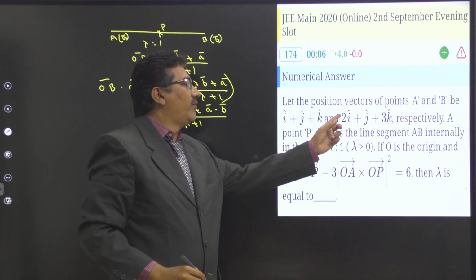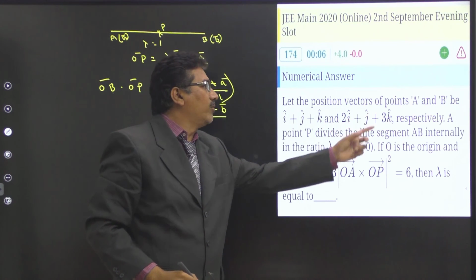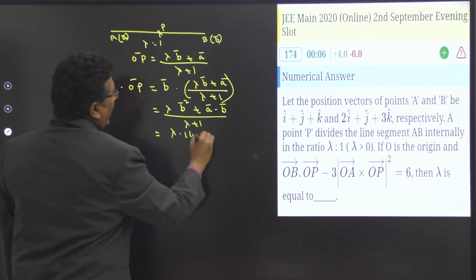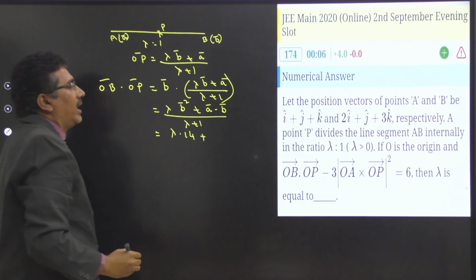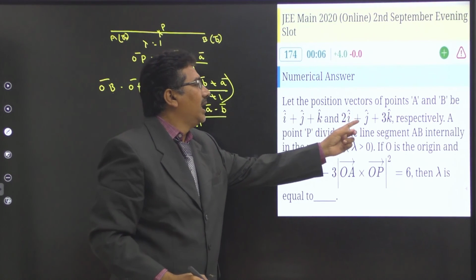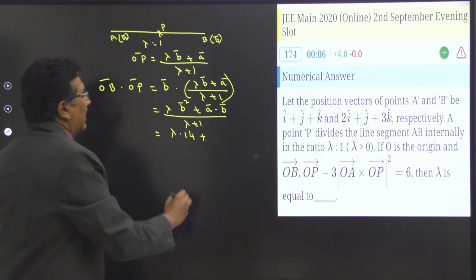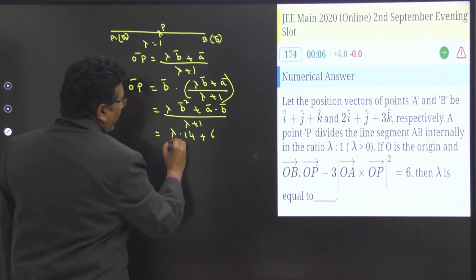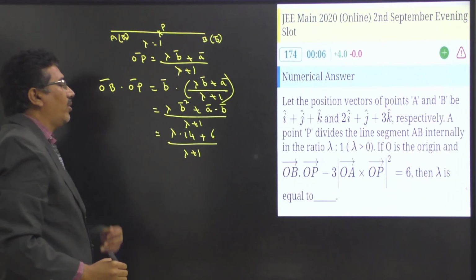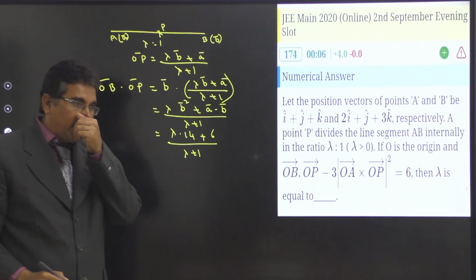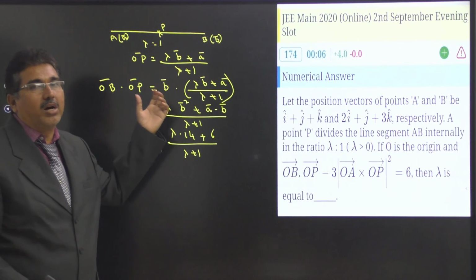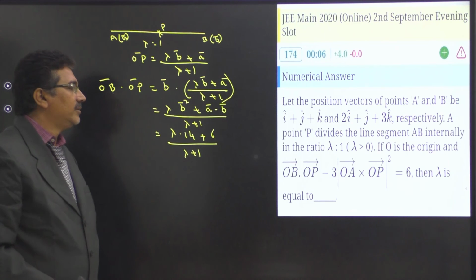That is 4 plus 1, 5, 5 plus 9, 14. Mod B bar square is 14. What is A bar dot B bar? 2 plus 1, 3, 3 plus 3, 6. So 14 lambda plus 6 divided by lambda plus 1 is OB bar dot OP bar.